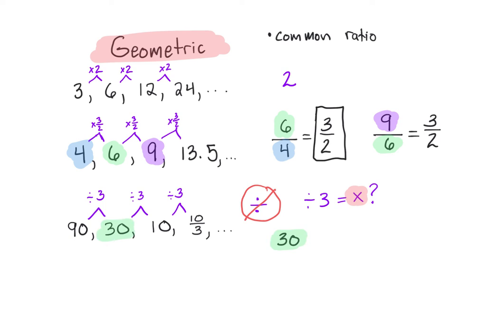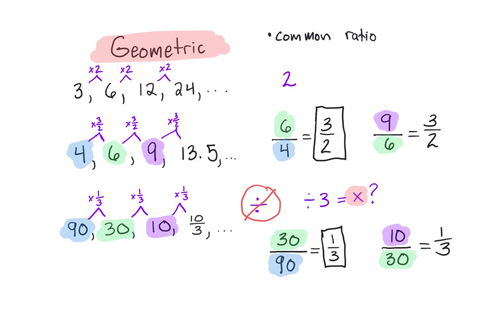I'll take the second term and put it over the first term, and I see that that simplifies to 1/3. I can double check that and put the third term over the second term, and once again, I see that that simplifies to 1/3. So our common ratio for this last sequence is 1/3.